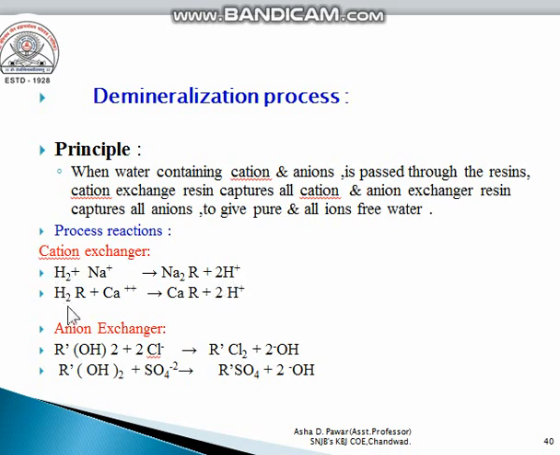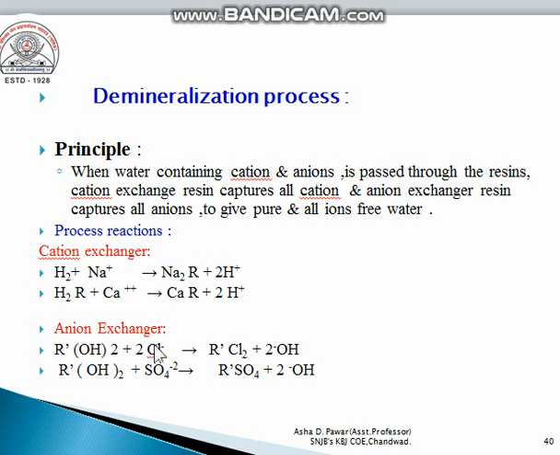The general formula we use for the cation exchanger resin is H2R. If the bed captures cations, the formula changes, that is Na2R, and here CaR, with release of cation from the bed, that is twice H plus.